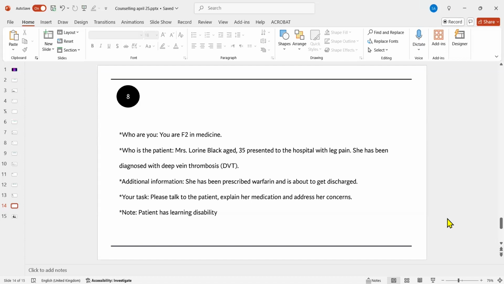You have been here because you have leg pain, and when we did some tests, we found that you have a block in the vein in your leg. Am I clear so far? A block in the vein. The vein carries the blood in your body. You have a block inside it. Am I clear so far?